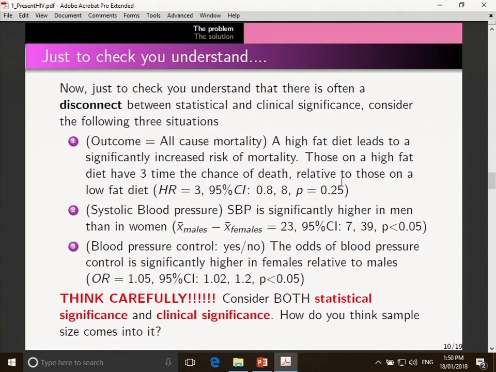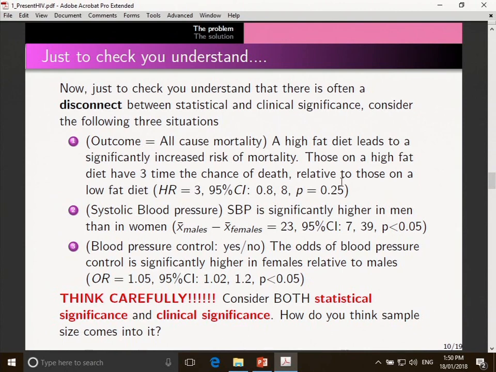In the first case, our outcome is all-cause mortality. So we have done a survival analysis. We have a hazard ratio as our measure of association. A high-fat diet leads to a significantly increased risk of mortality. Those on a high-fat diet have 3 times the chance of death relative to those on a low-fat diet. The hazard ratio itself is 3.